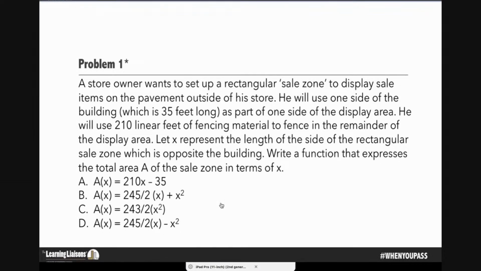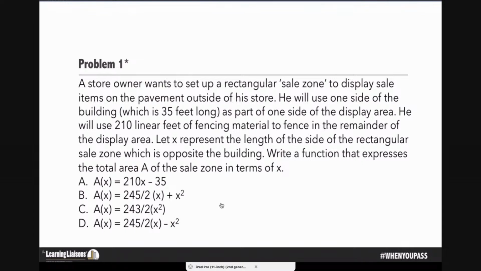A store owner wants to set up a rectangular sale zone to display sale items on the pavement outside of his store. He will use one side of the building, which is 35 feet long, as part of one side of the display area. He will use 210 linear feet of fencing material to fence in the remainder of the display area.